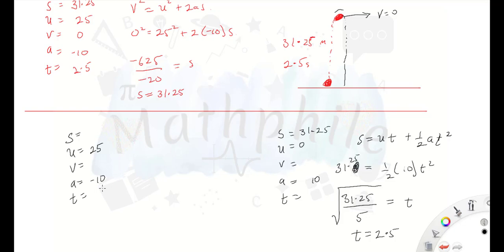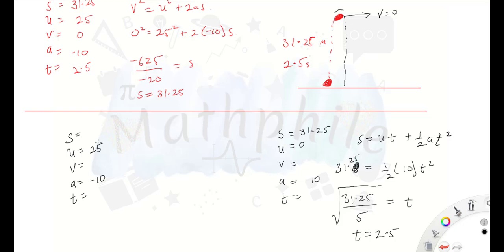We are going to find the time that the particle uses to return to its original position. That was the question: the time it takes the particle to return to its original position.